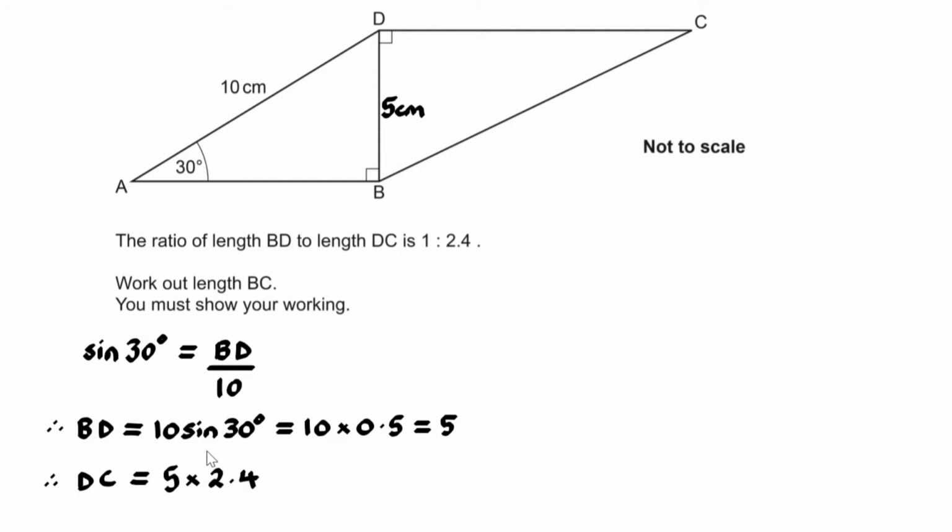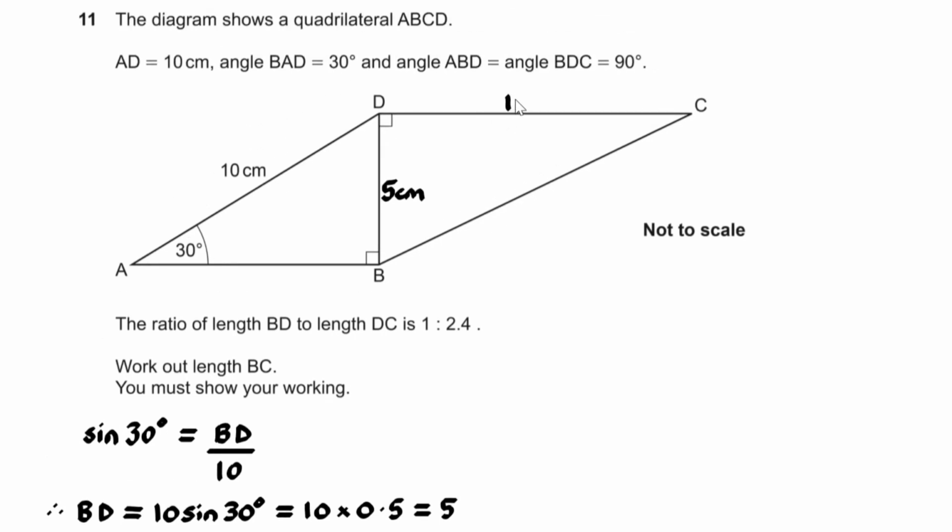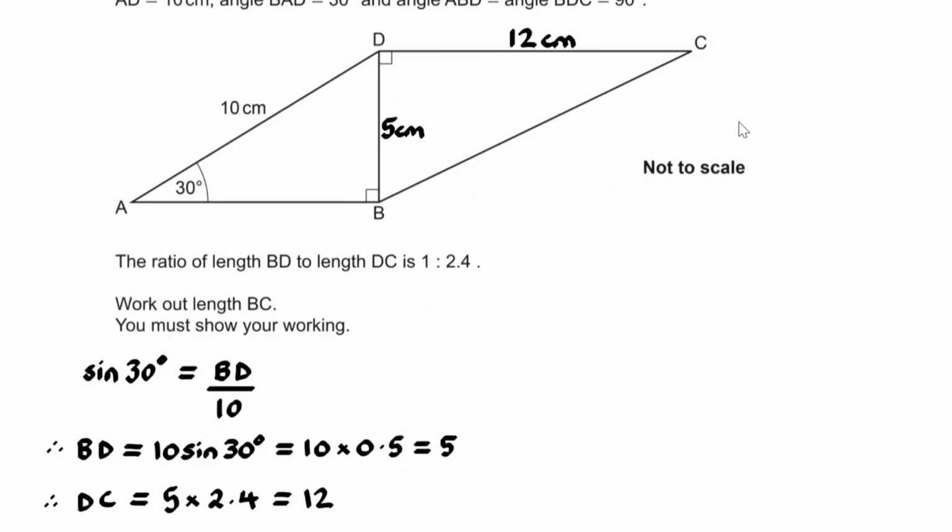So if we work out 5 times 2.4, we get 12, and therefore DC is 12 centimeters. So if I add this to the diagram, we have 12 centimeters. We can now find out what BC is.